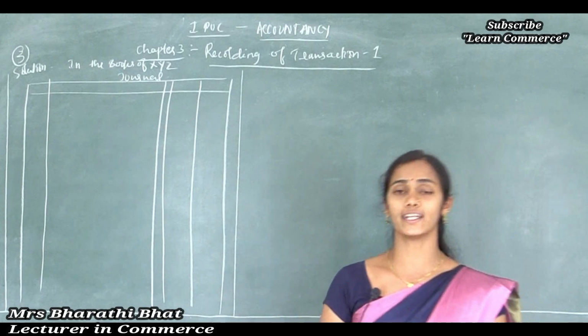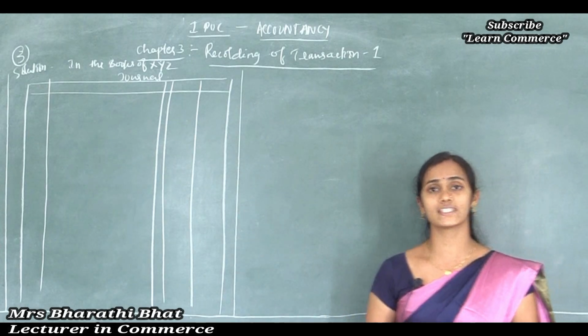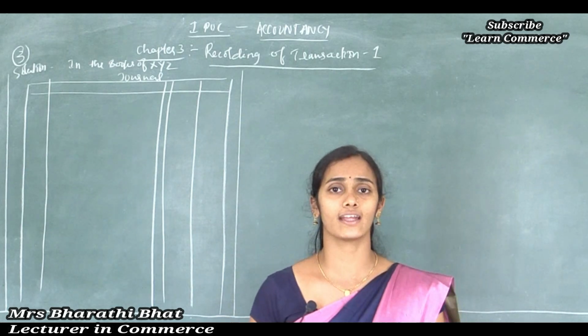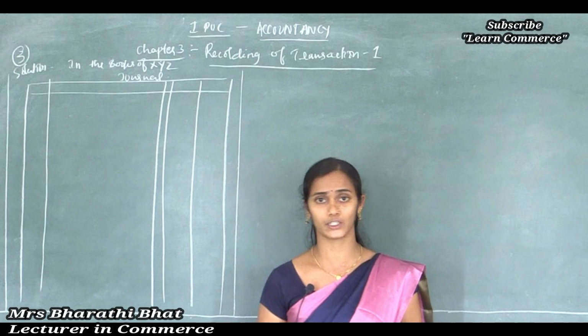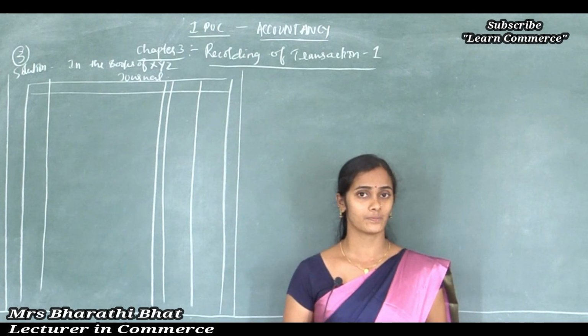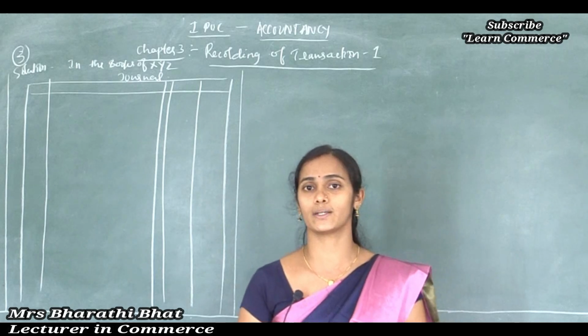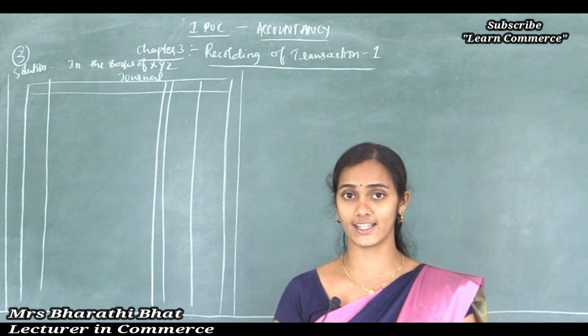In 2018, January 1st, business started with the cash. Now you can easily say the journal entry for this transaction. What is the journal entry? Yes, come on. Cash account debited to capital account. Very easy, na?